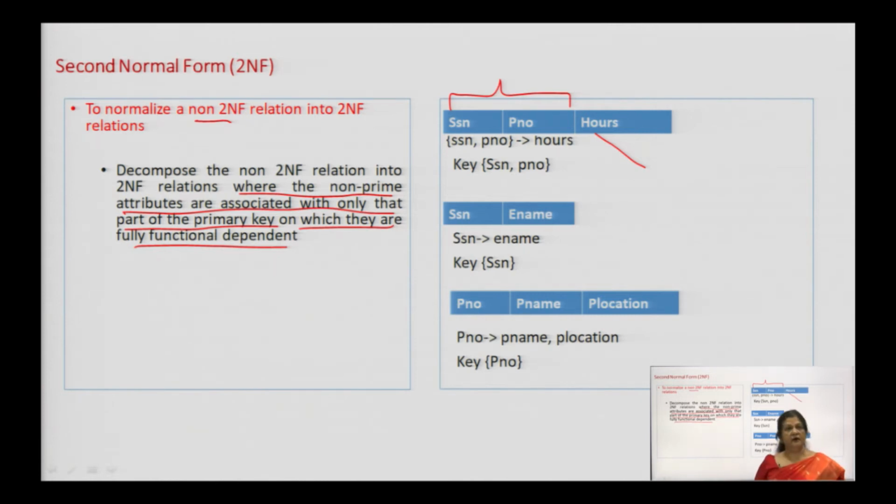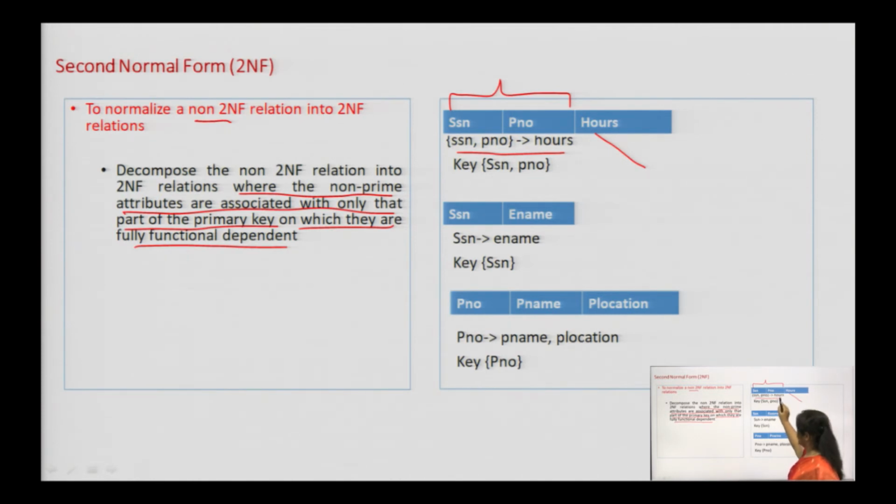So, we form a relation SSN, PNO and R's, and from the existing set of functional dependencies, the functional dependency in this decomposition is SSN PNO determines R's.